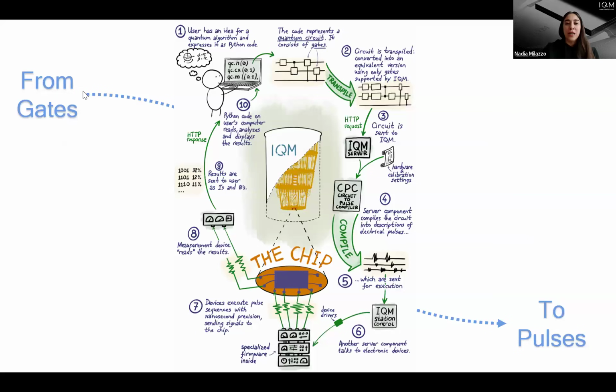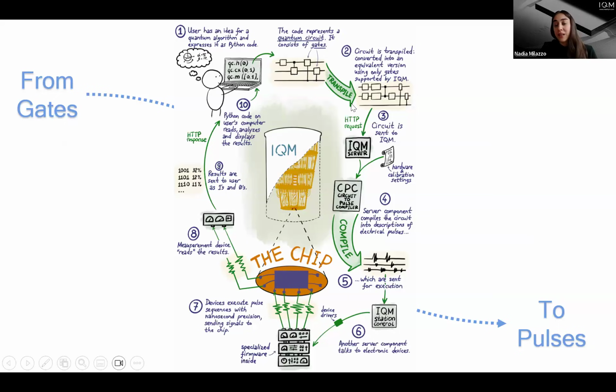So we are slowly transitioning from a gate representation of our quantum operations to a pulse representation of them. And as you can see in this very nice drawing from our colleague, this is a long way. Usually we just stop here. We have an idea of an algorithm, we write it into a quantum circuit.